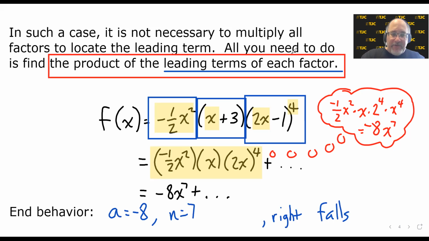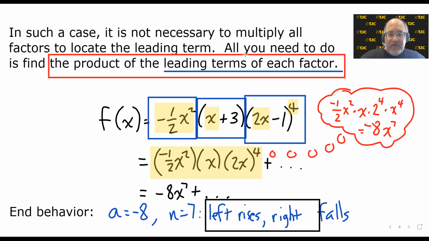But what does the left do? Well, the degree is odd, which means the ends do opposite things. So if the right falls, then the left rises. And therefore, we have the end behavior. The end behavior is the left rises and the right falls.